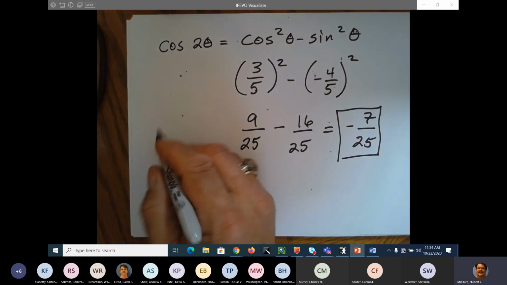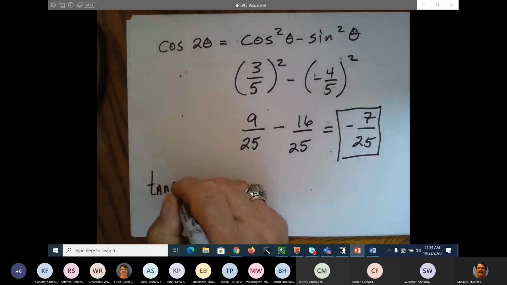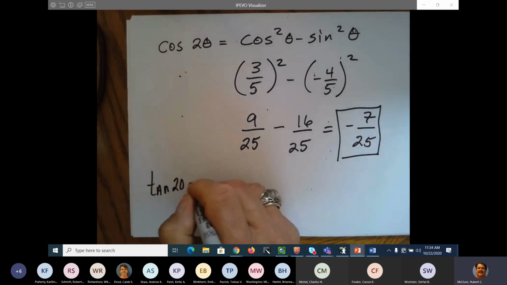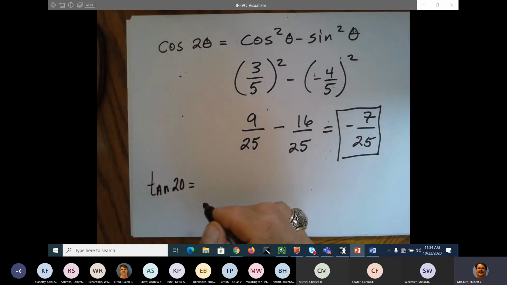Tangent of 2 theta. Well, always, when you're talking about the tangent, you can make tangent equal to sine over cosine.